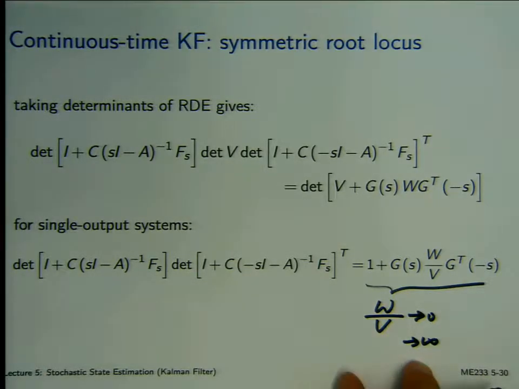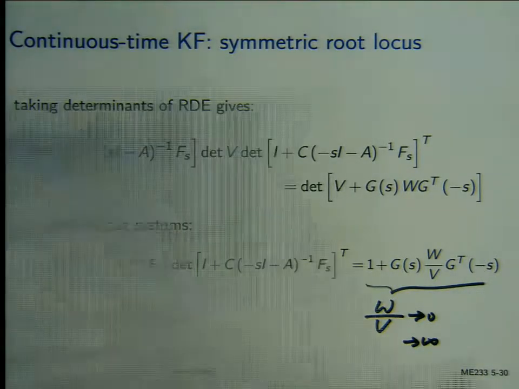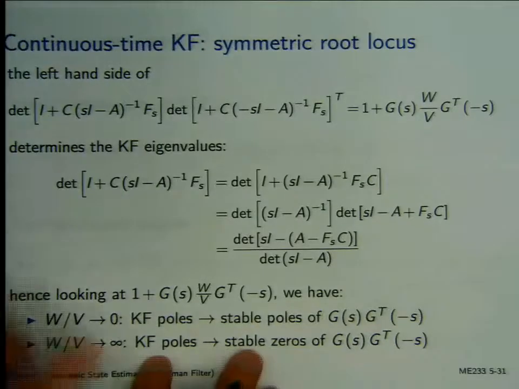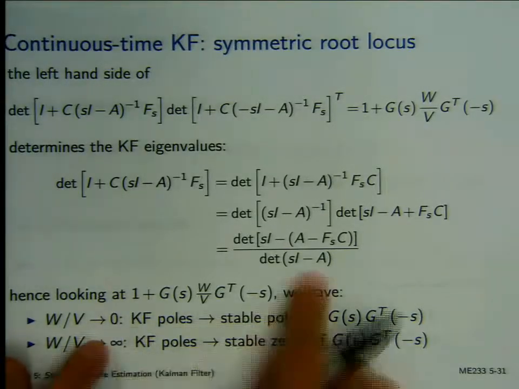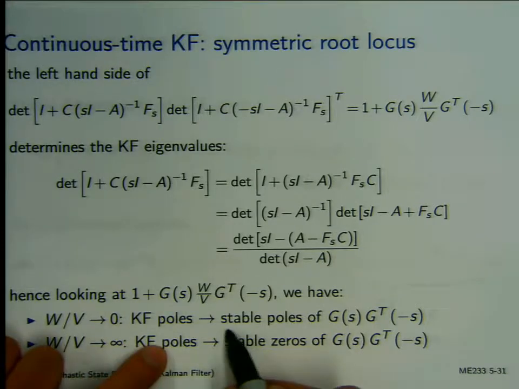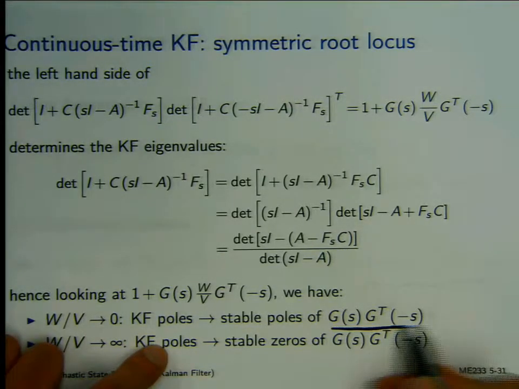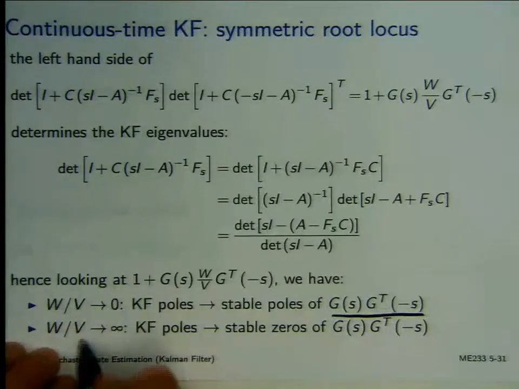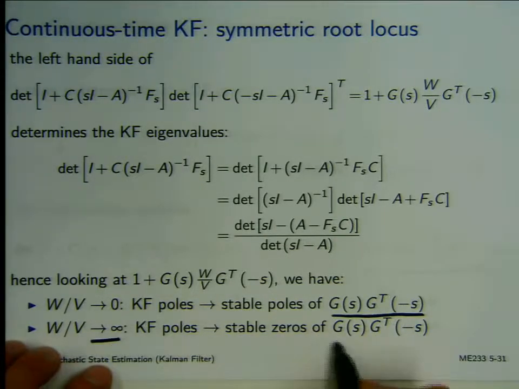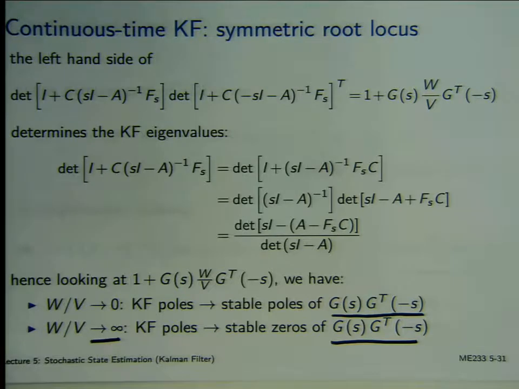The result is going to be exactly the same. If V divided by W goes to 0, then the Kalman filter poles are going to be the stable poles of the transfer function here. If it's going to infinity, it's going to be the stable zeros of this transfer function.